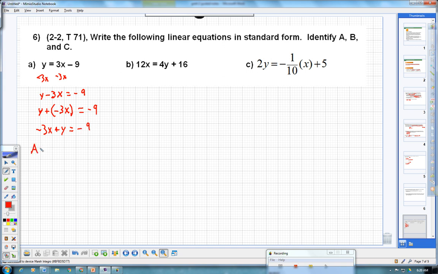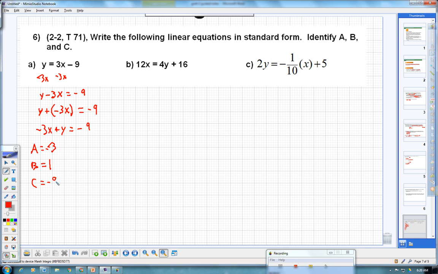Okay? And you should be able to list the a value. A is equal to negative 3. What would b be? B is equal to 1 here. Notice that 1 times y is just y, and then c is negative 9.